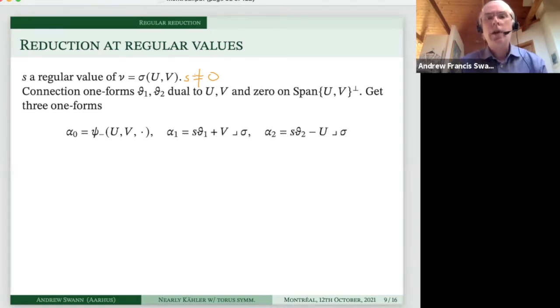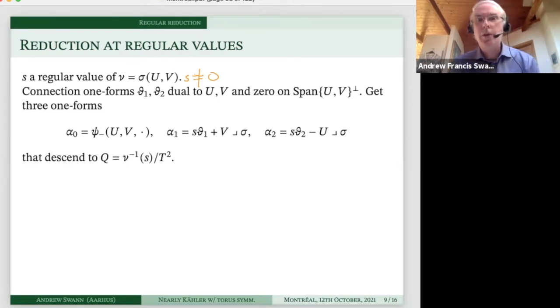And you can take contractions with U and V with sigma and take the components of those forms that are 0 on the span of U and V. I will call those two one forms alpha 1 and alpha 2. So they're actually given in this nice way.